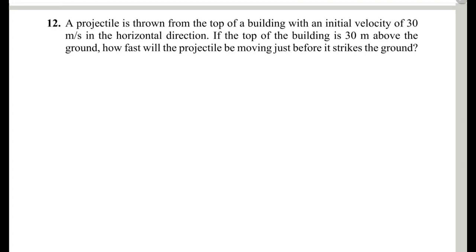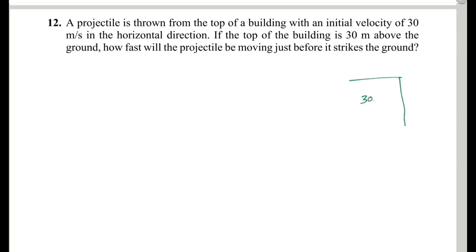A projectile is thrown from the top of a building with an initial velocity 30 meters per second in the horizontal direction. If the top of the building is 30 meters above the ground, how fast will the projectile be moving just before it strikes the ground? So let's draw the situation here. Here's the cliff or the building.